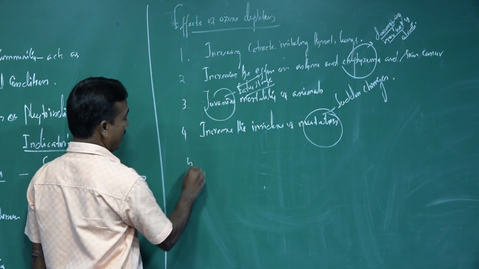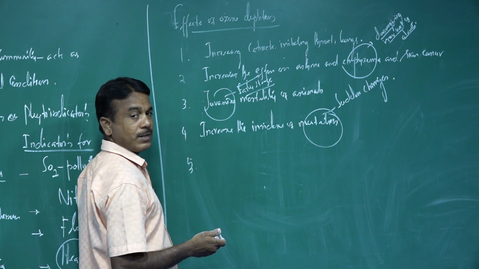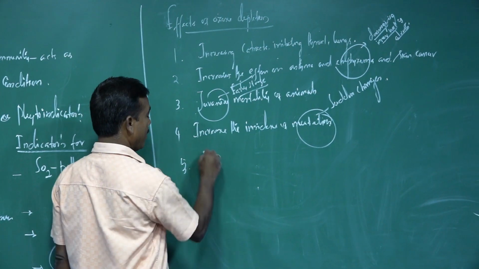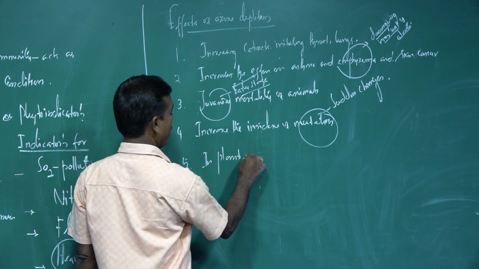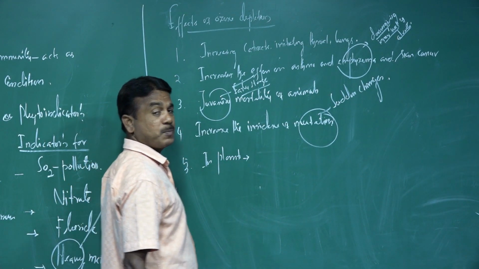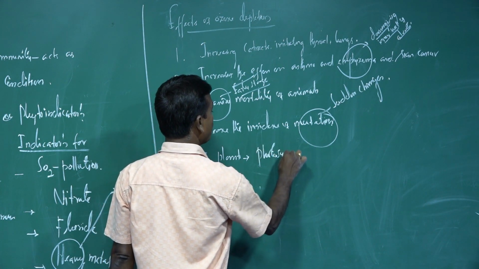The fifth one: due to increasing temperature, high temperature affects photosynthetic chemicals.